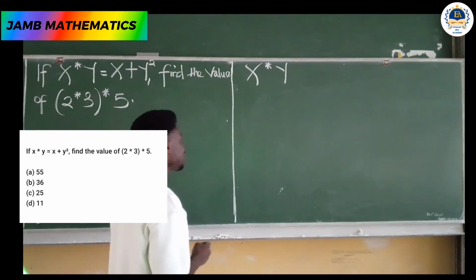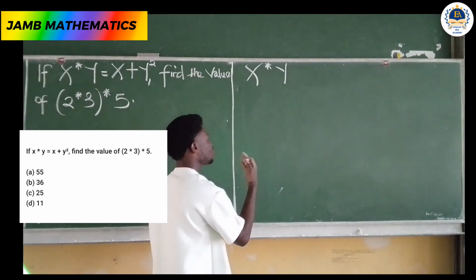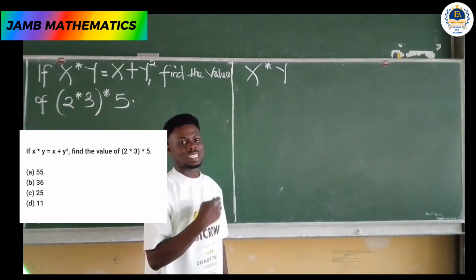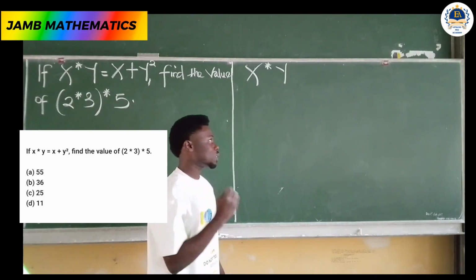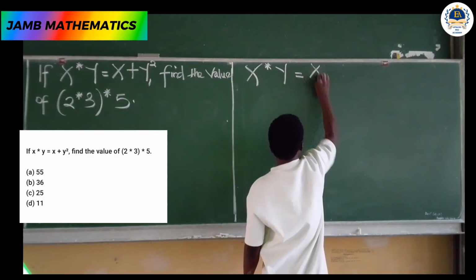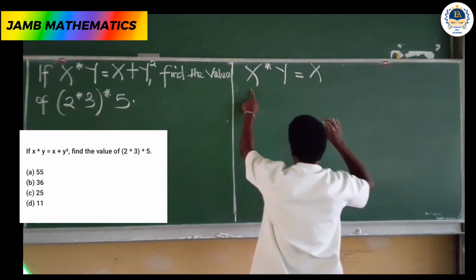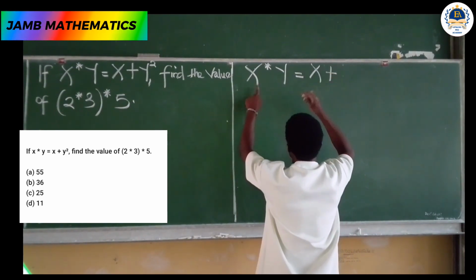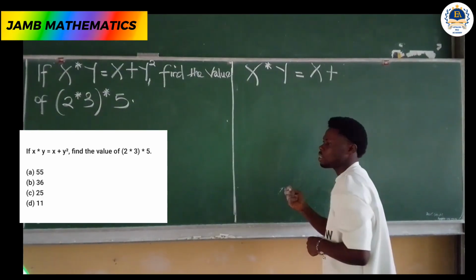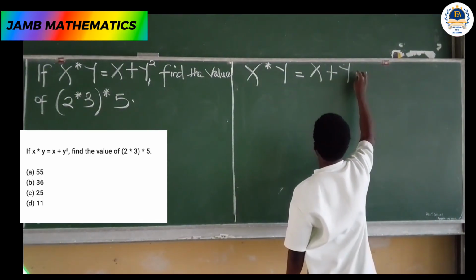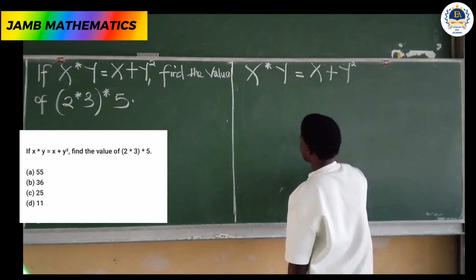The pattern is that whenever there are two quantities x and y, and there is a star in between them, it must be expressed in this form: the number at the left hand side, plus the square of the number at the right hand side.